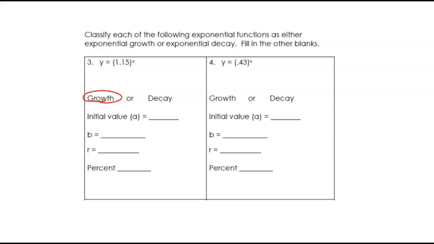Okay? So initial value. Raise your hand if you can give me the initial value. The initial value is what? I like it. B. Raise your hand if you can give me the B value in a complete sentence. Perhaps your complete sentence could tell us where it comes from.